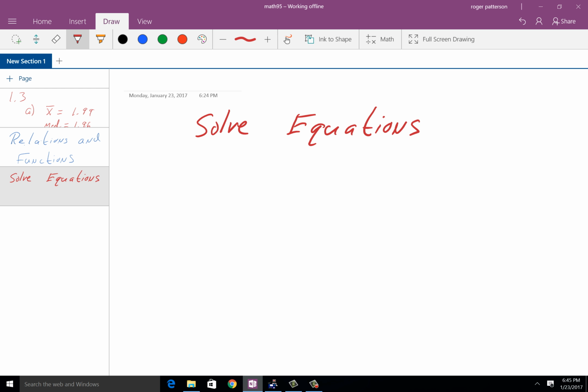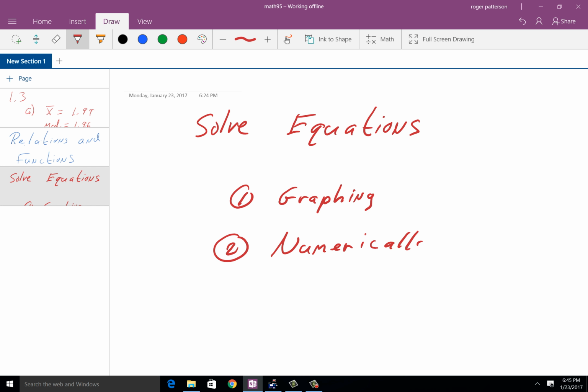So solve equations. All right, that's what we're going to do. Now, to solve equations, in a general sense, there's 3 ways to do it. One is by graphing. 2, what they call numerically, and I'm going to put underneath that a table.